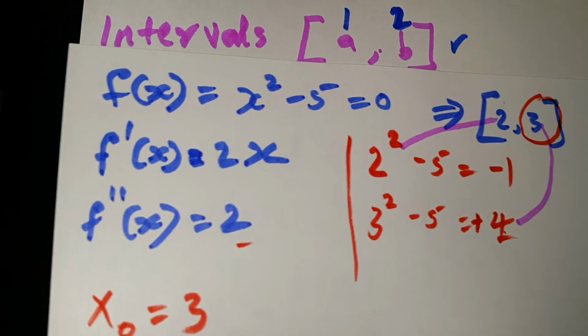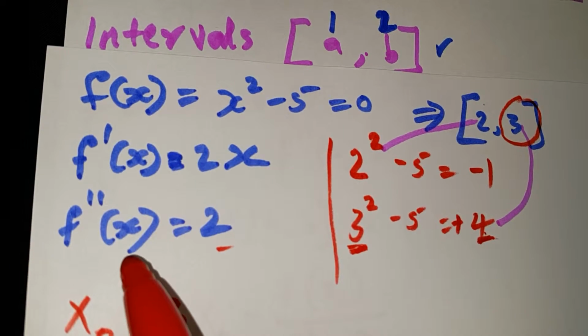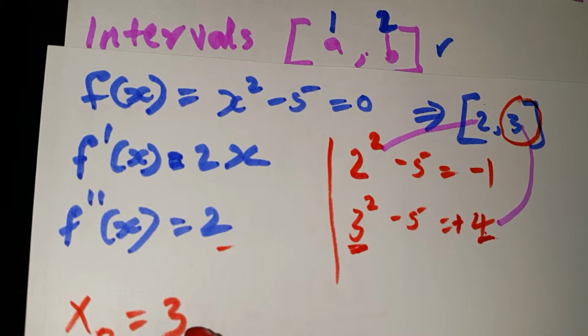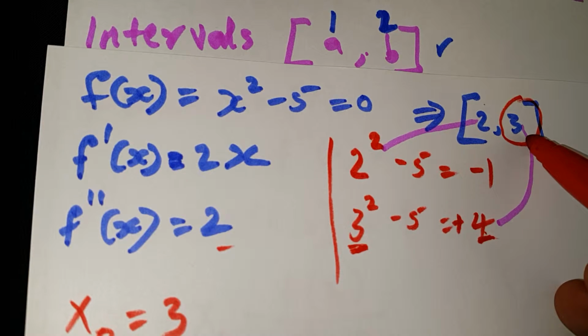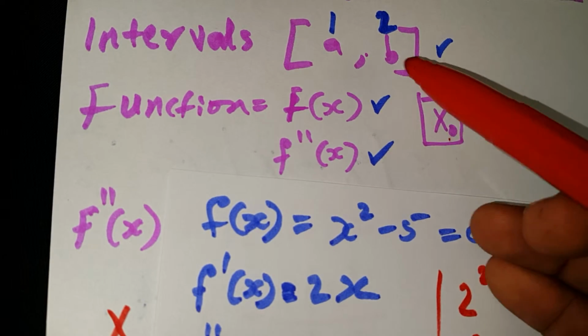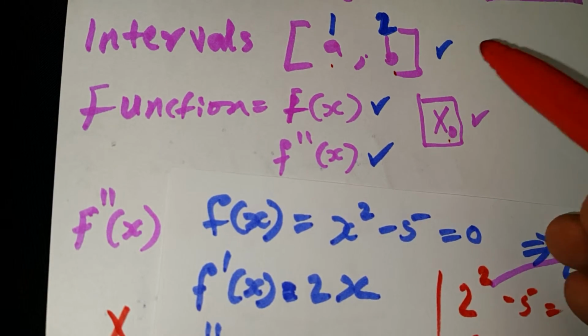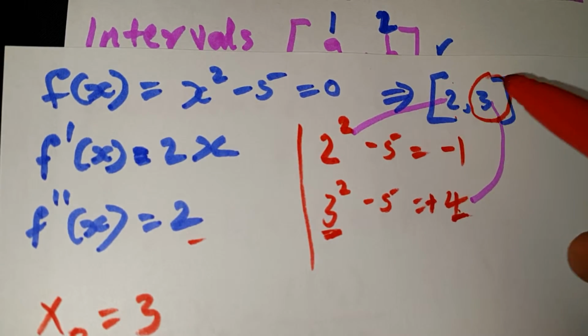Because this is the one that helps the second derivative to give us positive. I told you that our x now must be either a or b, and we found that our x now is 3, not 2.